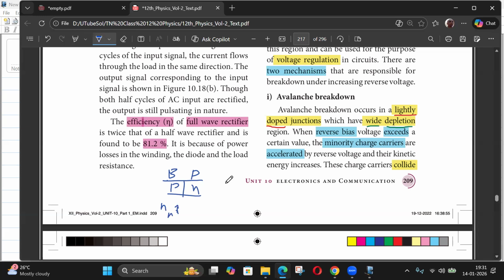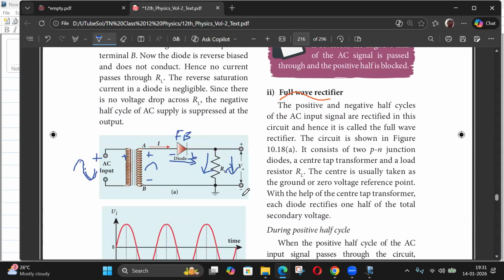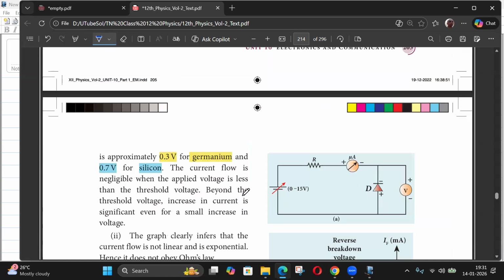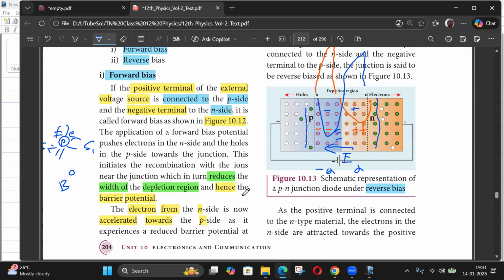But in the case of a lightly doped junction, the depletion region will be wider, because only if I expose a large region of the depletion region can I get enough carriers. For the same 3 volts applied here, if it is lightly doped, a large number of layers have to be exposed for the holes to come.